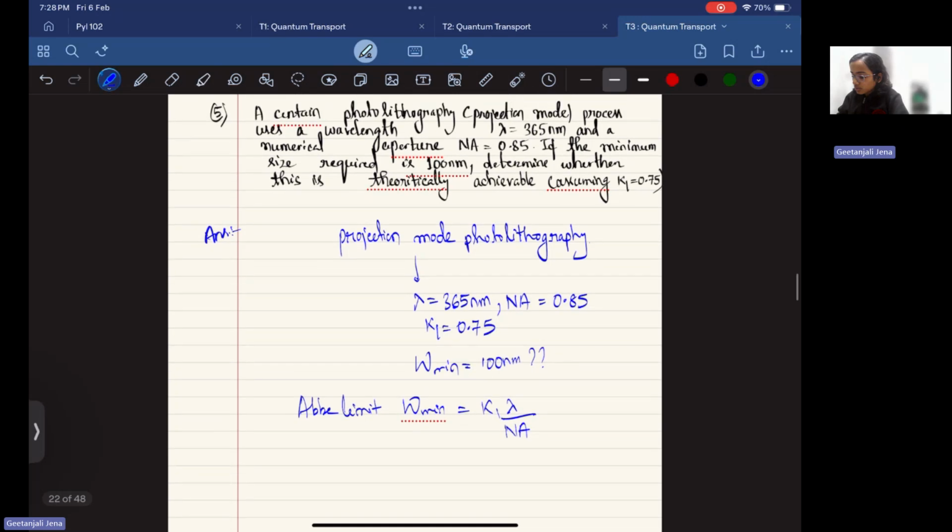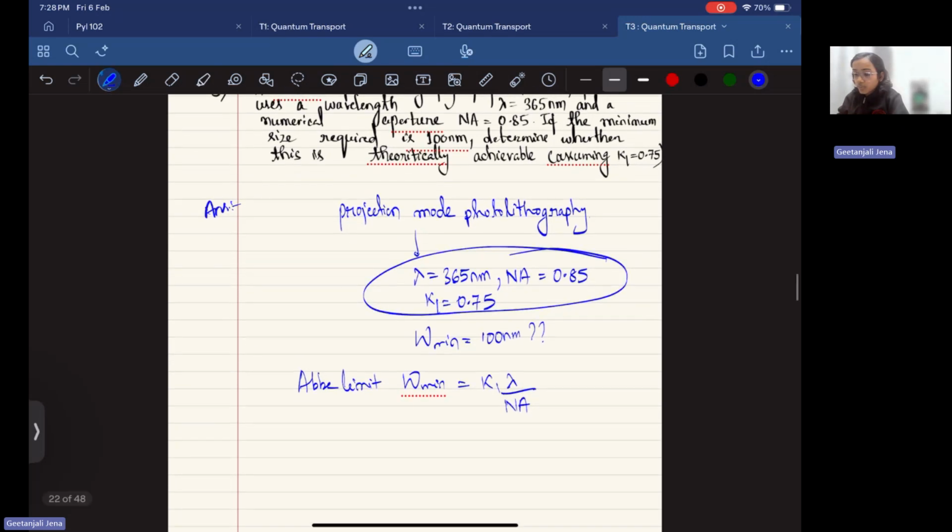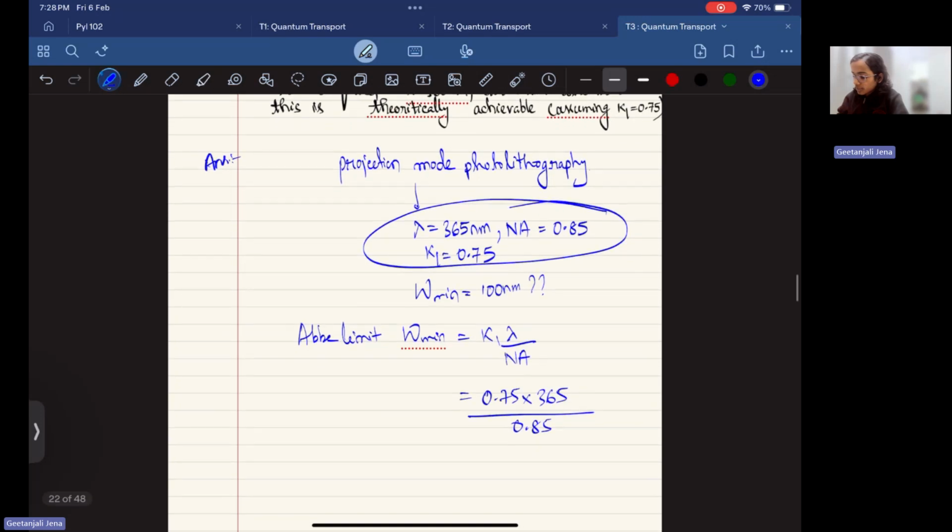So let us see, using the excitation condition that is given, what will be the W minimum that we'll get. So K1 is 0.75, lambda is 365, numerical aperture is 0.85. So this will give a value of 322 nanometer.